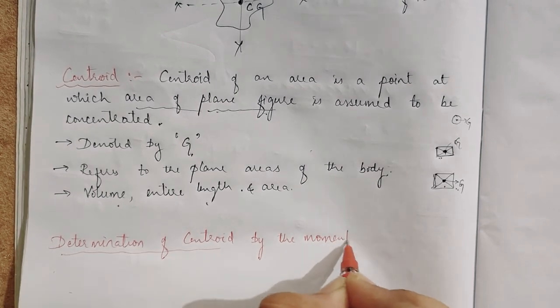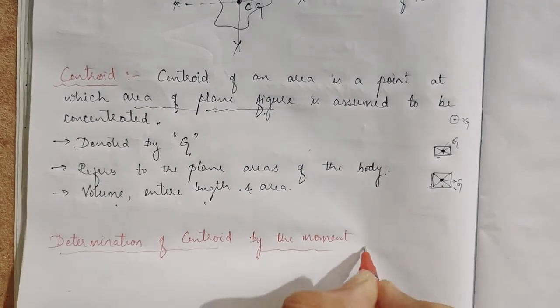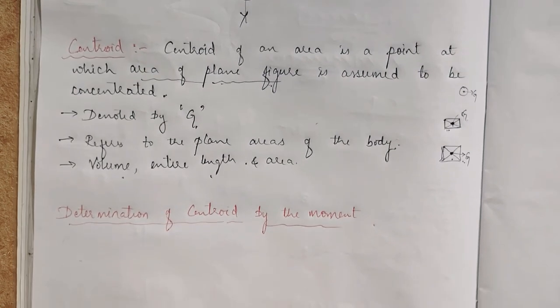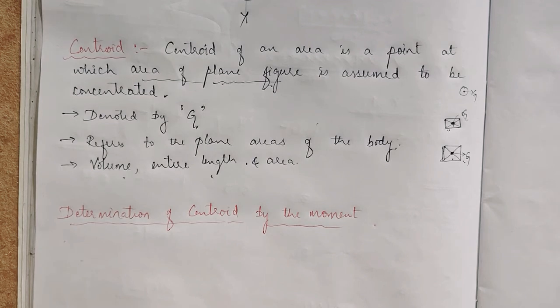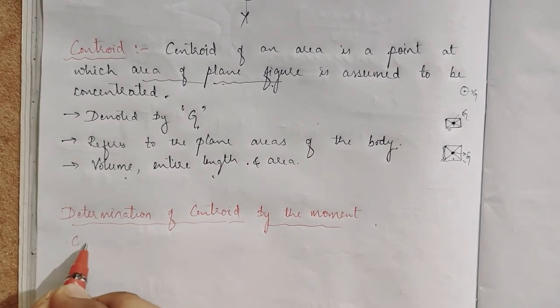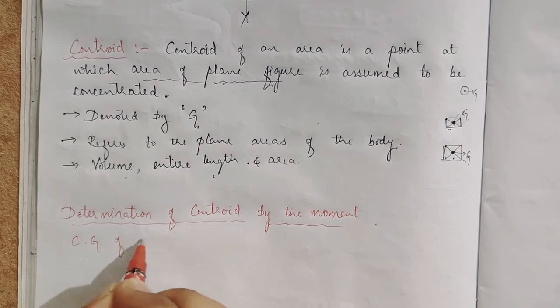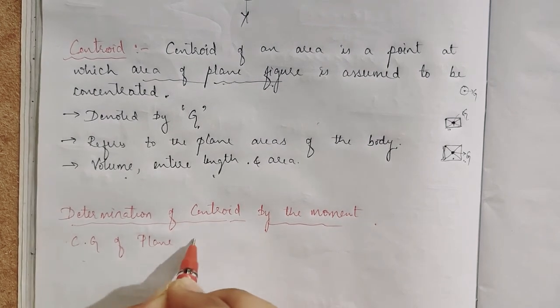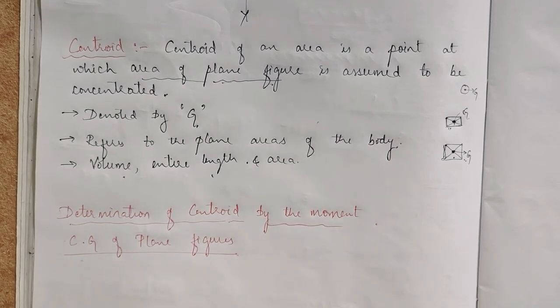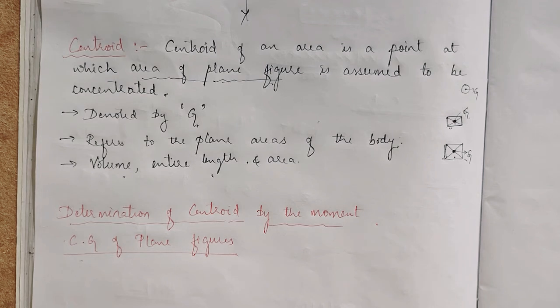We will apply the knowledge of moment so that we can determine the centroid of any plane figure. Or we can also say the CG, center of gravity, of plane figures. So if any body is given, how do we find the centroid of that plane figure or the body?